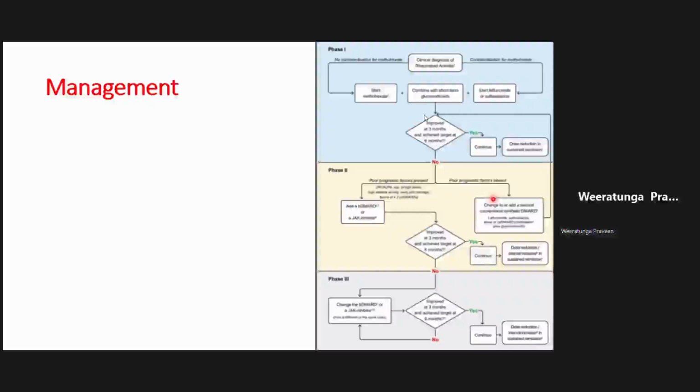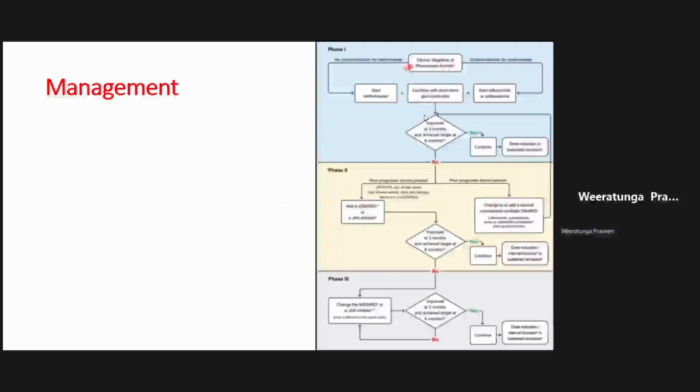So if methotrexate fails and they have poor prognostic factors, such as high rheumatoid factor, high CCP, extra-articular disease, or early joint erosions, you might directly go for a biologic DMARD or a JAK inhibitor.